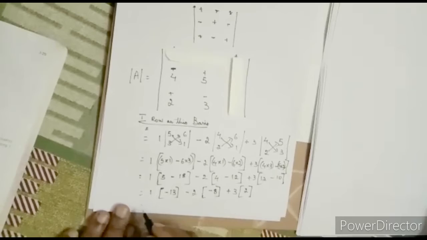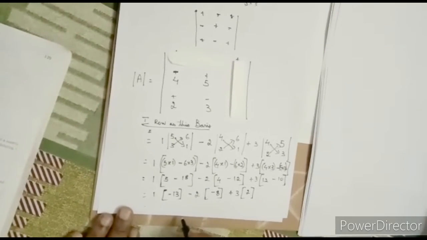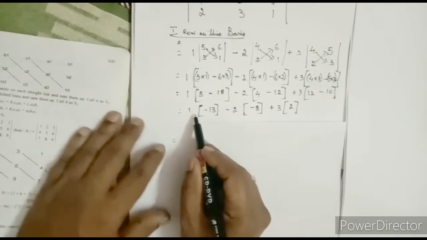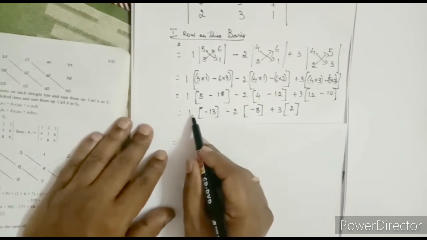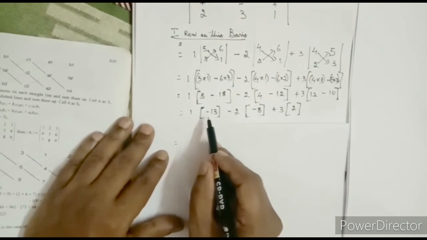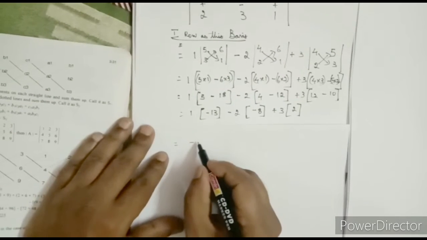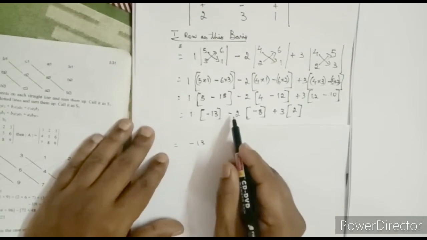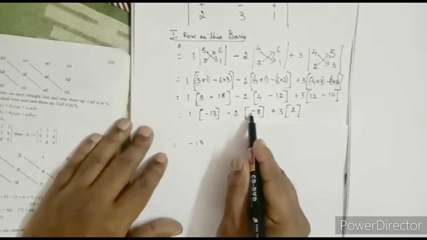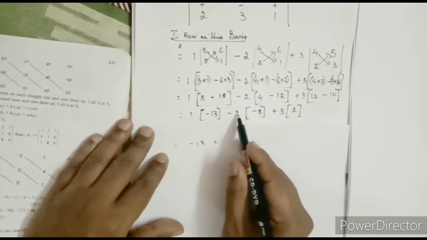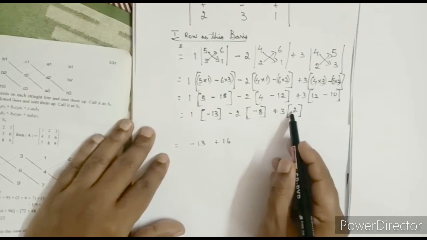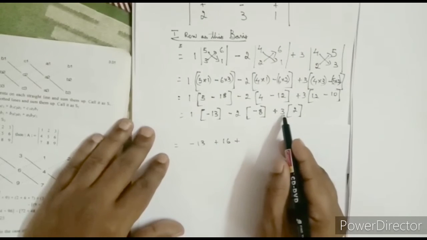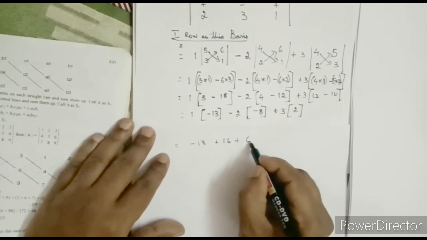Now let us simplify. So now let us multiply this. 1 into minus 13. Plus into minus is minus. 1 13s are 13. Then here minus into minus is plus. 2 8s are 16. Here plus into plus is plus. So therefore 3 2s are 6.